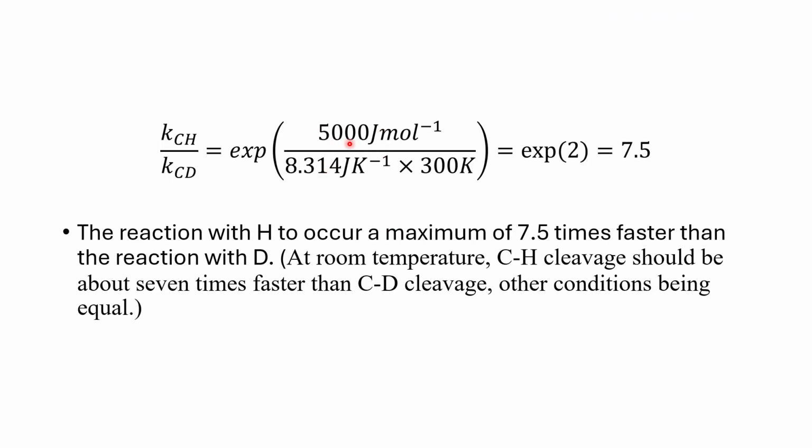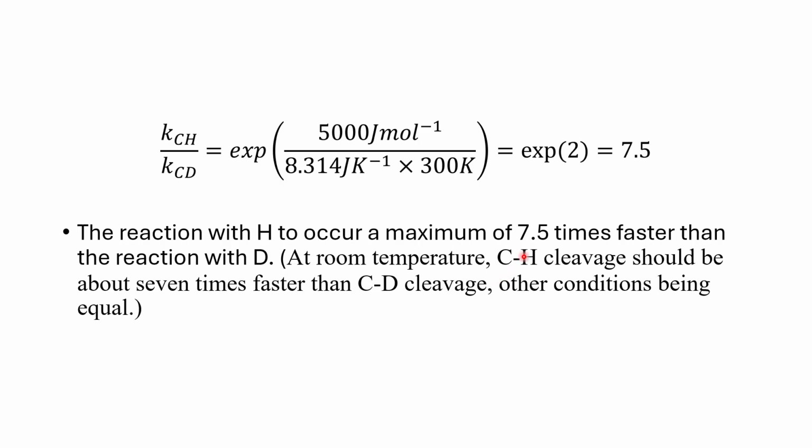Next, we substitute the value of 5 kilojoules per mole into the equation and perform the calculation. We obtain a value for this ratio of 7.5. So this value of 7.5 is the maximum kinetic isotope effect estimate, because it represents the highest rate constant ratio expected if the kinetic isotope effect were determined only by the difference in the zero-point energies of the reactants and if the pre-exponential factor ratio was 1.